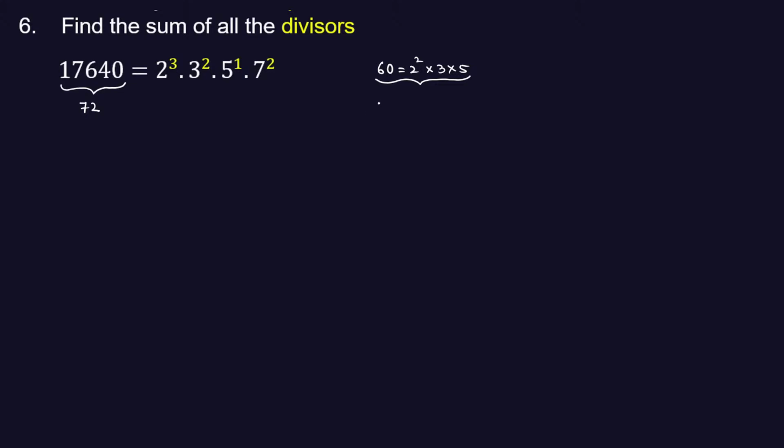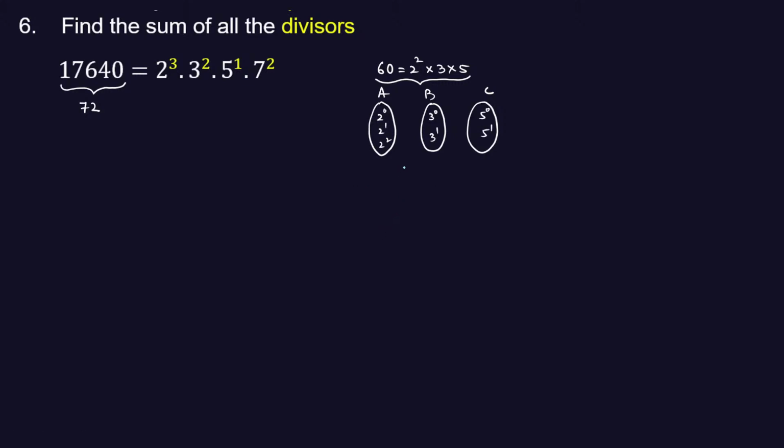Let me just do it analytically first, then only you will understand. So these are my three sets A, B, C. Here there are 2 to the power 0, 2 to the power 1, 2 square, 3 to the power 0, 3 to the power 1, and 5 to the power 0 and 5 to the power 1.